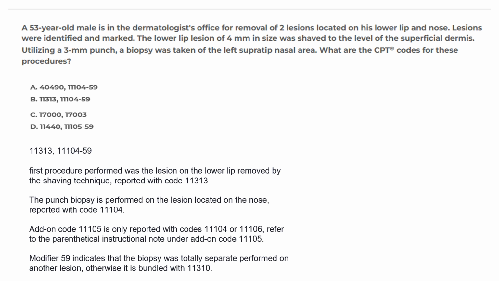So we cannot use the add-on code here. And then modifier 59 indicates that the biopsy was totally separate, performed on another lesion, otherwise it is bundled with 11310. So in this case, after studying all the codes, we realize that B is the correct answer.